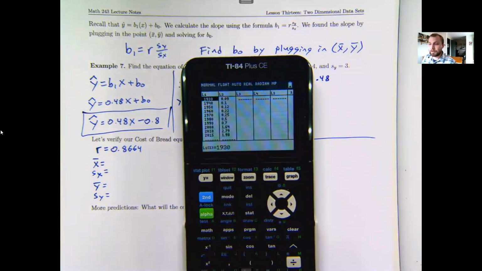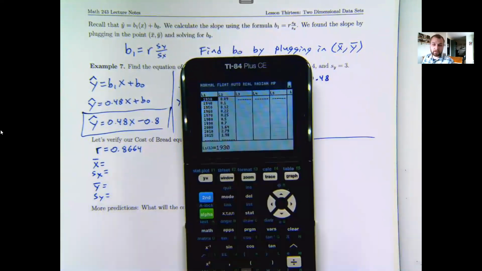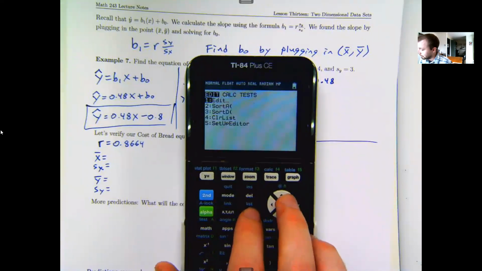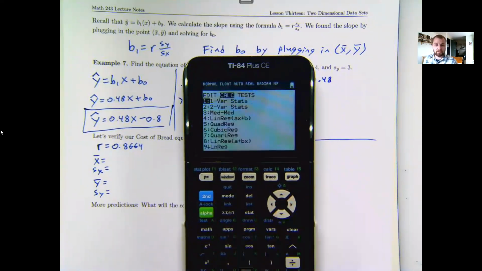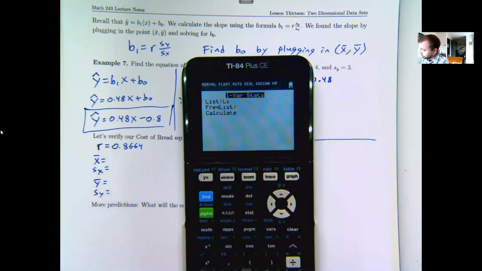If I'm on something like a TI-84 and I want to calculate the average and standard deviation for this first list, I'm going to go Stat, and then I'm going to Calculate, and I'm going to choose the option for 1-var stats. I want to find everything for this first list, so I'm leaving it as list 1.